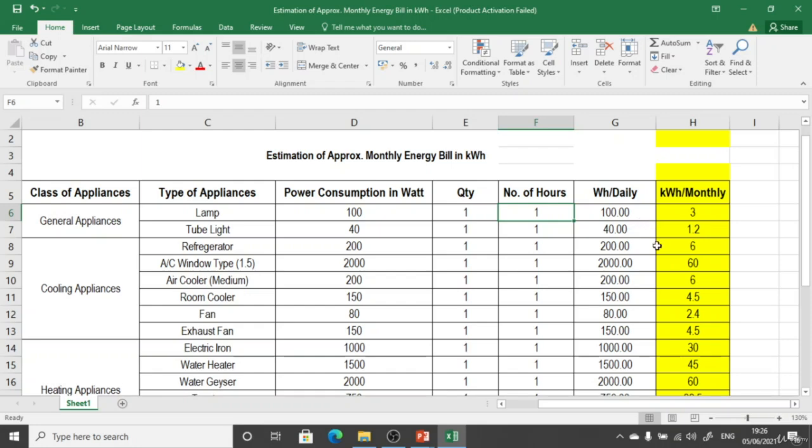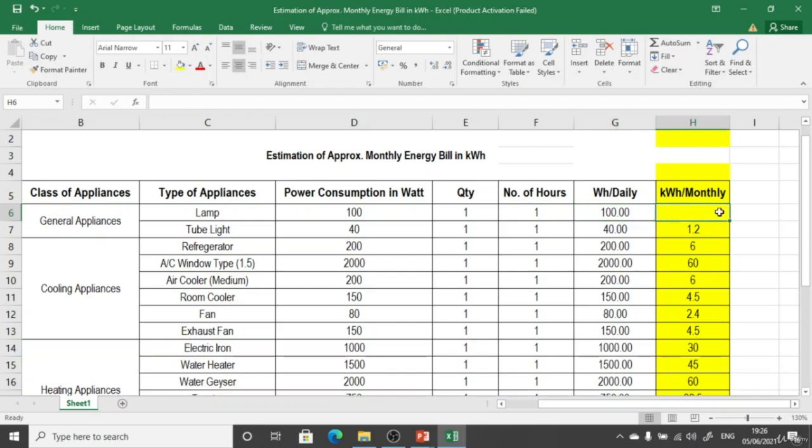If I want to convert this daily watt hour into the number of units on a monthly basis, because units are measured in kilowatt hour, we have to do some calculation to find how much the lamp will contribute in kilowatt hour consumption per month.